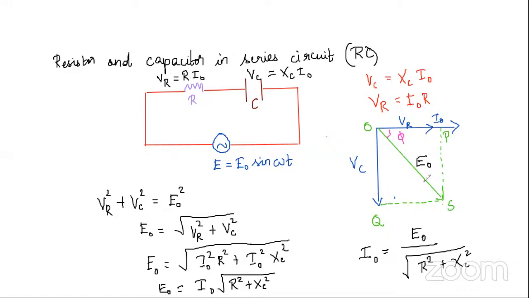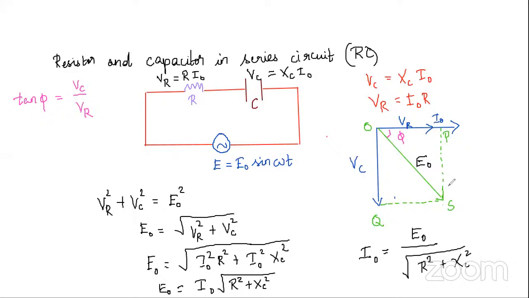And how can we calculate the phase angle, tan phi? Tan phi can be calculated by VC by VR. That is obvious from this right angle. So tan phi is equal to the opposite side, SP, divided by OP.